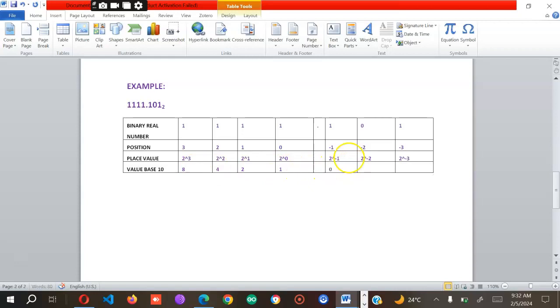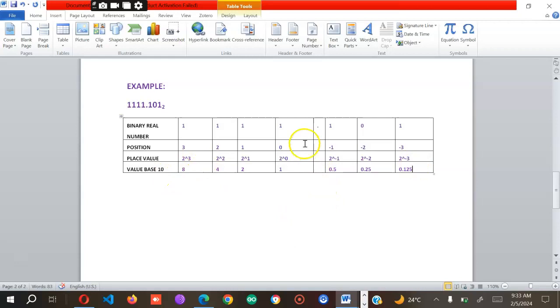After you expand, this one gives us 0.5, then 0.25, and the last part is 0.125.